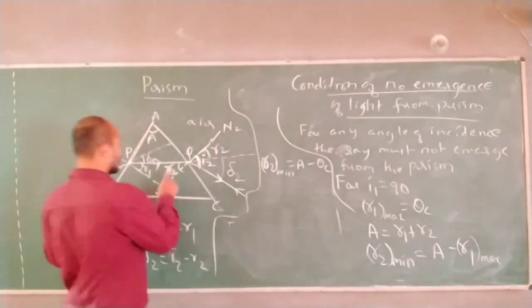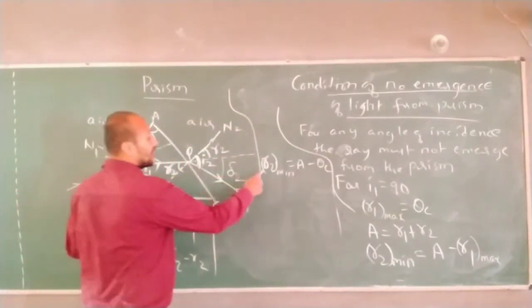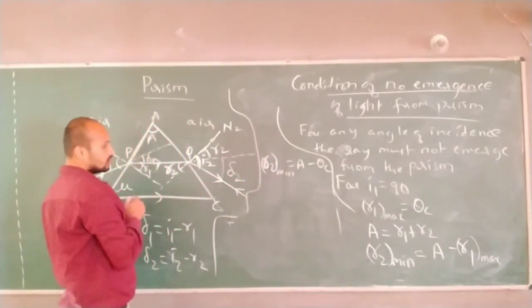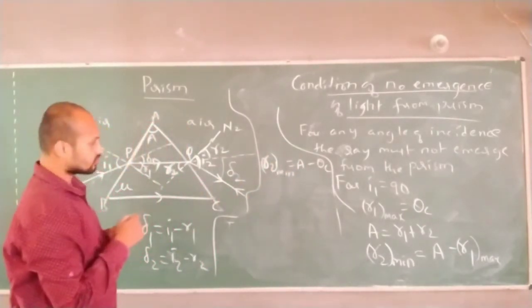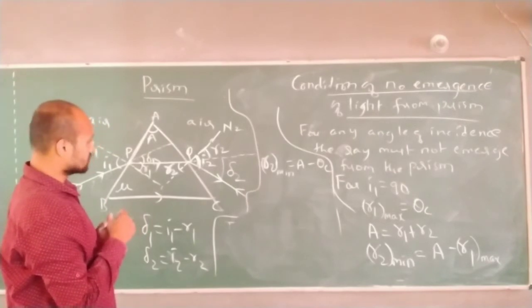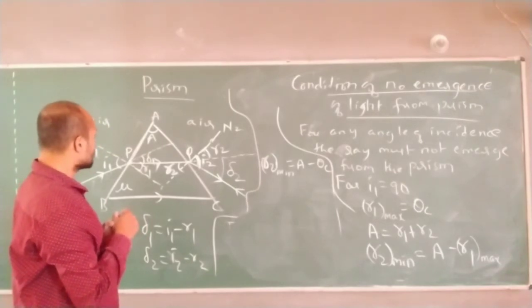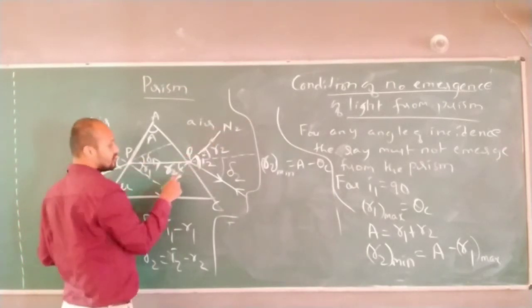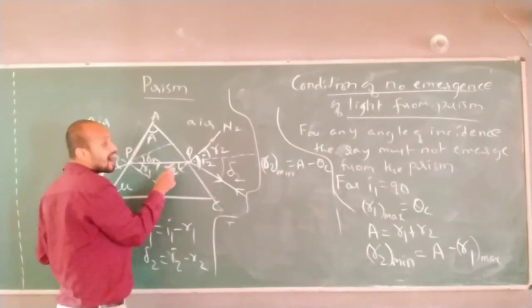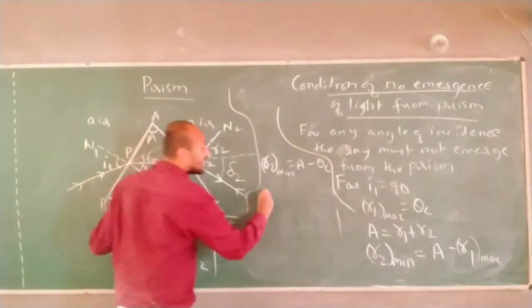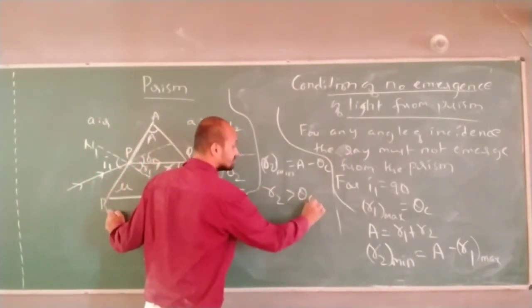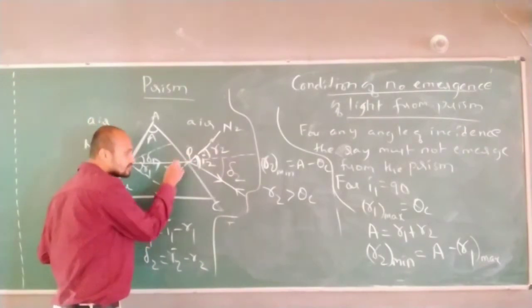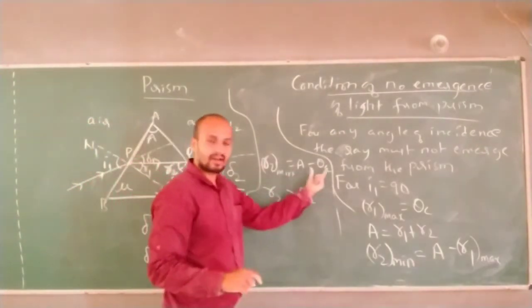Next, when R2 minimum is A minus theta c, I can write another equation. To have no emergence, R2 must be greater than theta c.